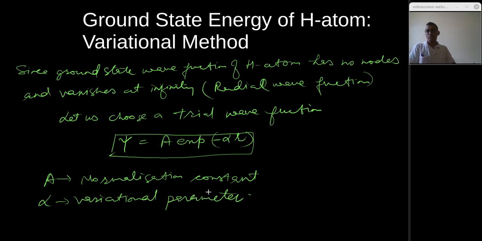Right? So now our motive is to estimate this A, the normalization constant. Let us try to find out the value of A. Since we know that the wave function must be normalized, I will use this to find the normalization constant.